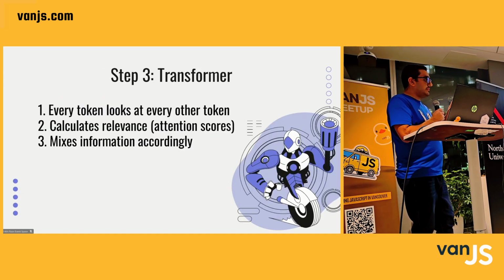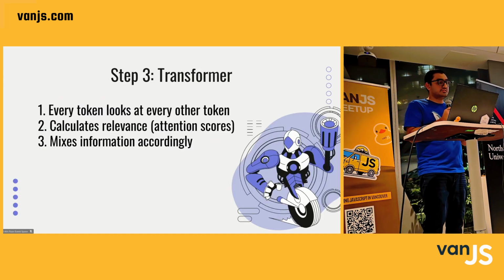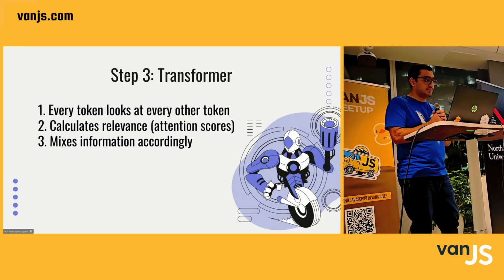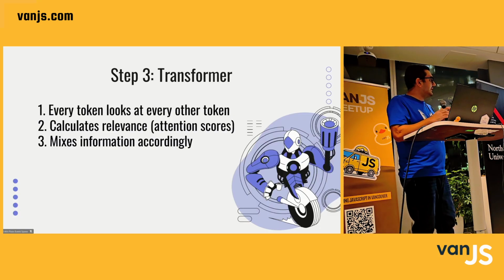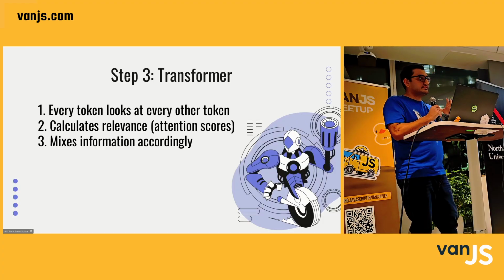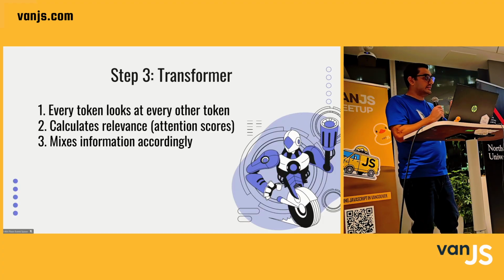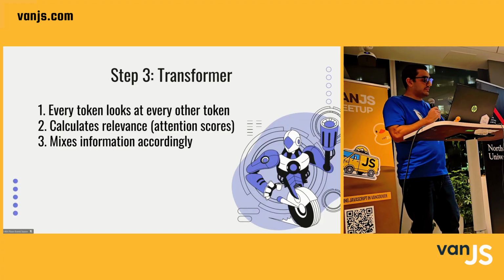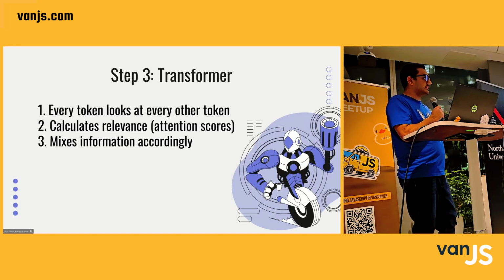And the third step, the brainer step, which brings in a lot of brain power, is the transformer step in any LLM model. In simple terms, it takes every token and looks at every other token in the vocabulary. For example, if it's giving you the next token, it's going to take the vocabulary that it has.